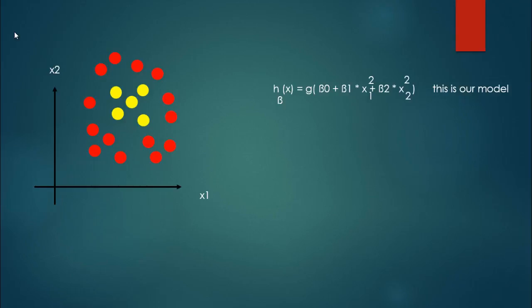Here, our model is going to be b0 plus b1 times x1 squared plus b2 times x2 squared. We know that we have to use some equation of a circle, and if you are familiar with higher math, this is exactly the equation of a circle. So it's going to define a decision boundary like a circle, like this, and we can apply our logistic regression to solve this problem.